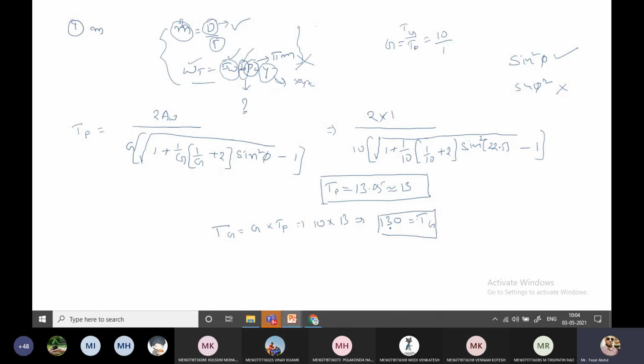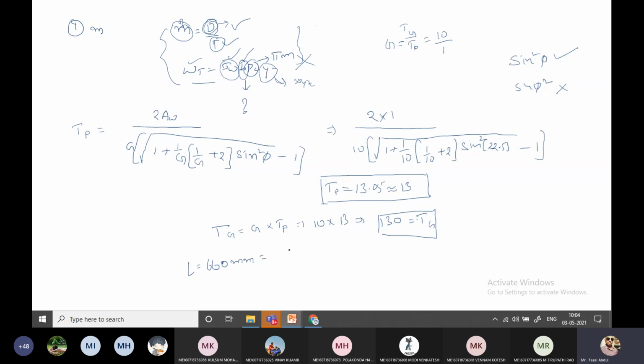Now, from this relation, we have to calculate the module. To calculate the module, TG and TP we calculated, but the diameter of the wheels we don't know. To calculate the diameter of the wheels, the center distance relation is given here. Center distance between the gears is given as 660 mm.